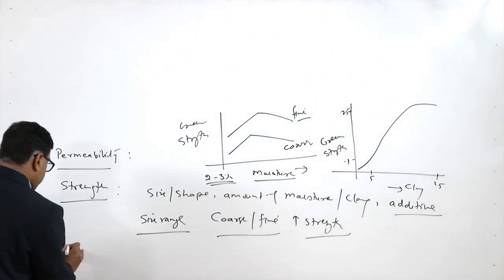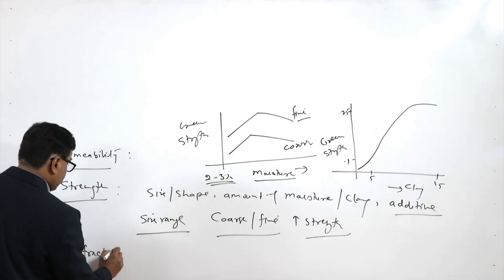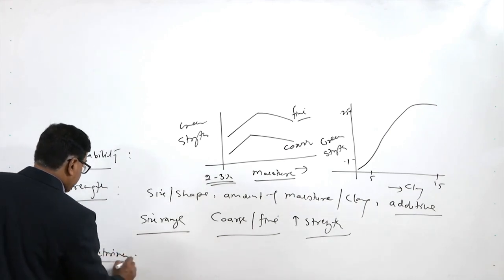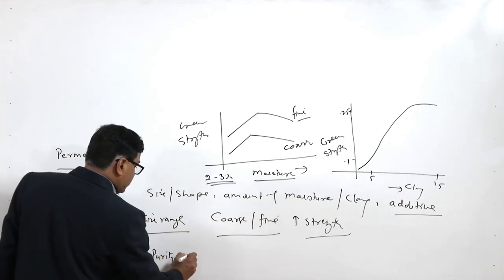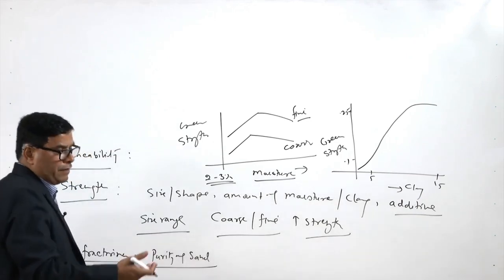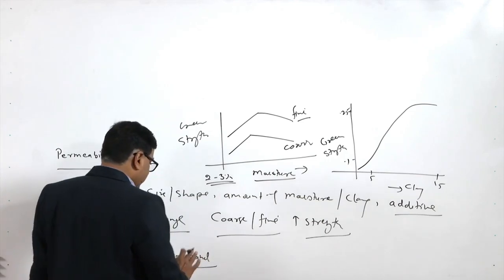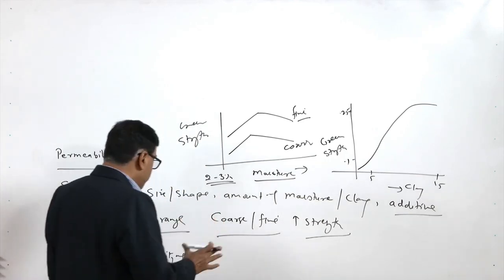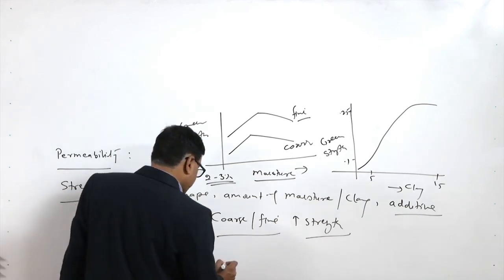And the next property is the refractoriness. Refractoriness depends basically upon the purity of the sand. Reduction in purity, like the presence of aluminum oxide, magnesium oxide etc., reduces the refractoriness. So, very pure silica results in very good refractoriness.